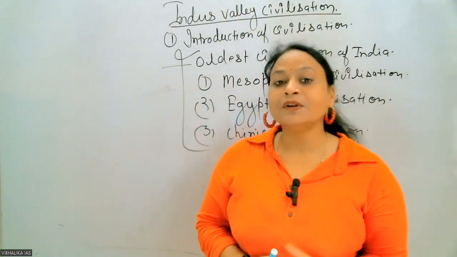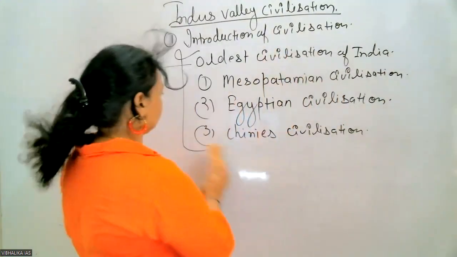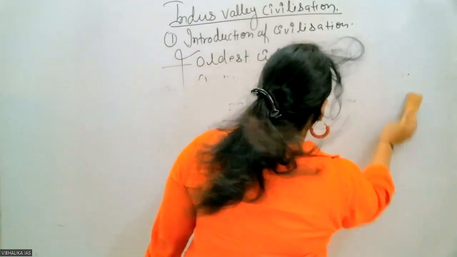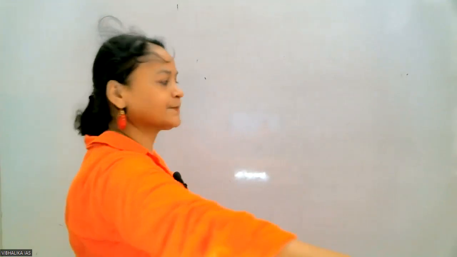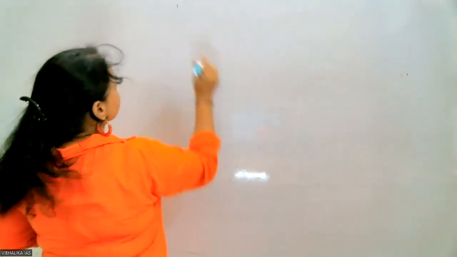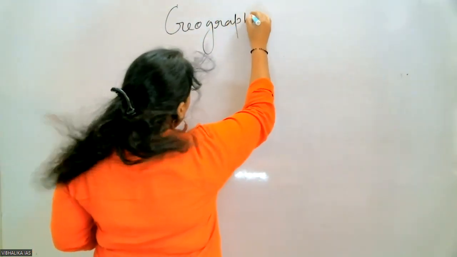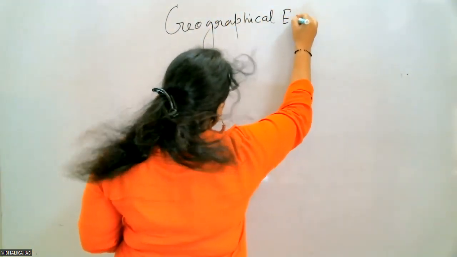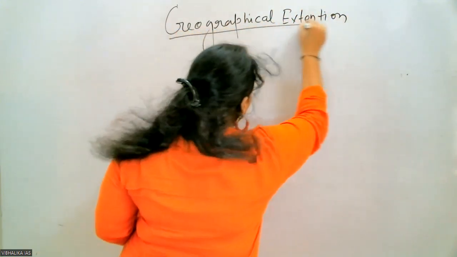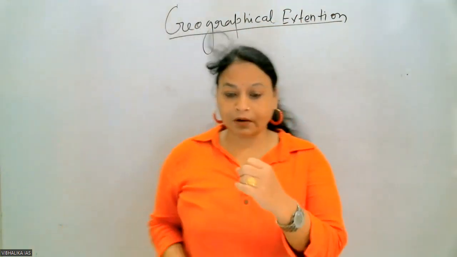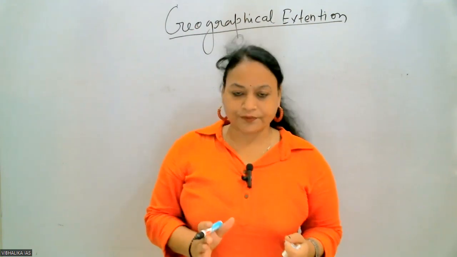Now we are going to move to our second subtopic, that is geographical extension. You know, students, if we want to have a good command of history, we must know the geographical location also, right?